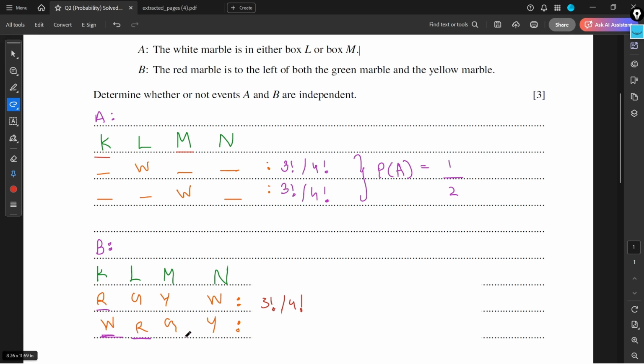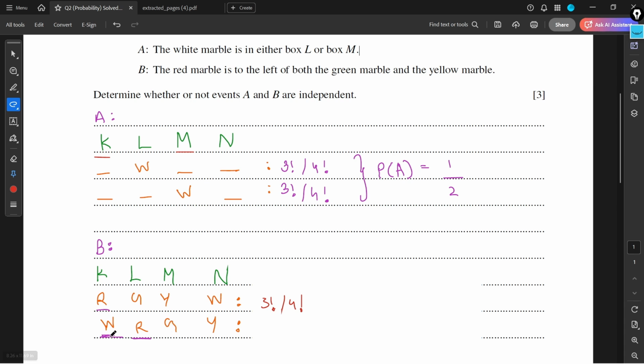But then there is also another possibility where my red marble could be placed in the box L. Now I know that my red will always be towards the left of green and yellow. So I know that green and yellow can either be in the M and N, it cannot be in the box K. So in the box K, it's 100% the white marble.